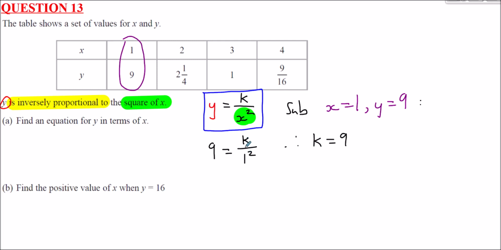So k divided by 1 is just k, so 9 equals k. In other words, k equals 9. So we can replace k with what k actually is. We worked out by substituting 1 and 9 that k is 9. So our equation in terms of y is that y must equal 9 divided by x squared.